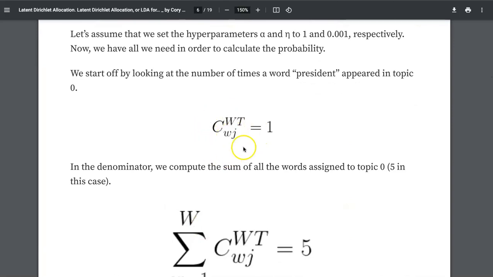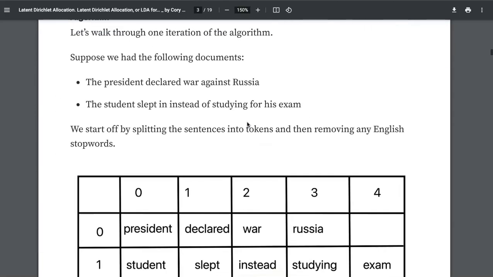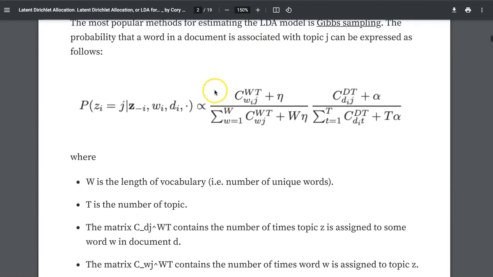This is the formula. You need to get the WT matrix and the DT matrix. In our case, we want to know the topic class for the word precedent in document 0.